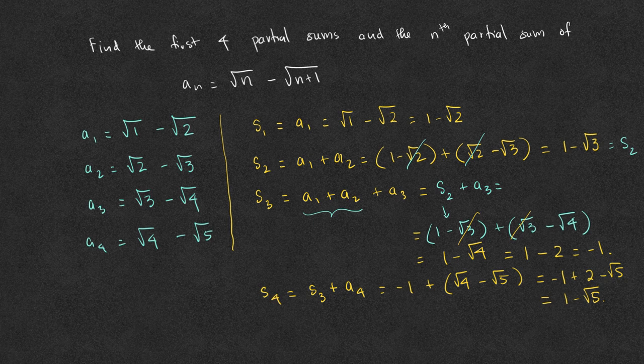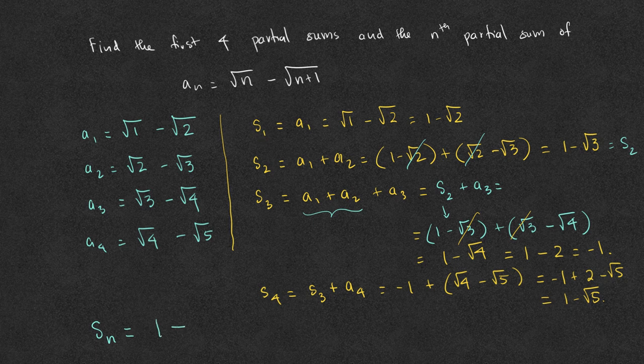S sub 4 is 1 minus root 5, and so we can only speculate that S sub n follows this pattern, since S sub 1, S sub 2, S sub 3, and S sub 4 all have 1 minus, and so S sub n will have 1 minus.